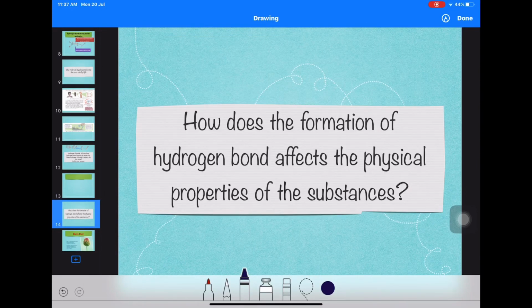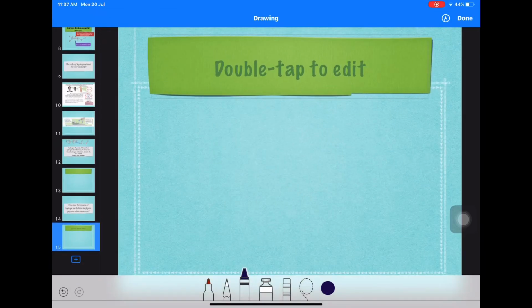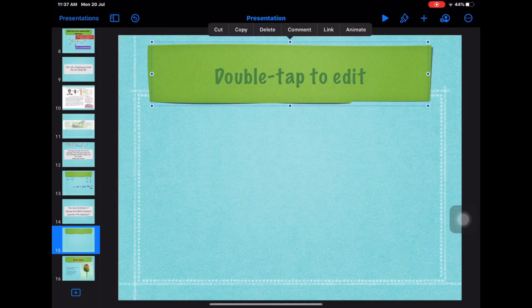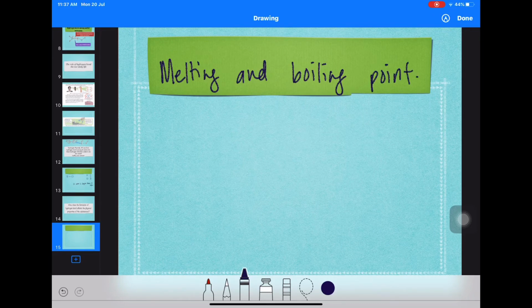So how does the formation of hydrogen bond affect the physical properties of substances? As we know, substances have their own melting and boiling points. The hydrogen bond will enhance or increase the melting and boiling point of the substance.